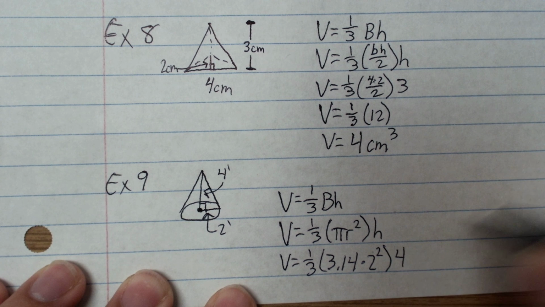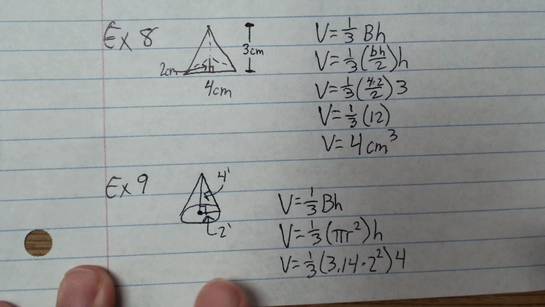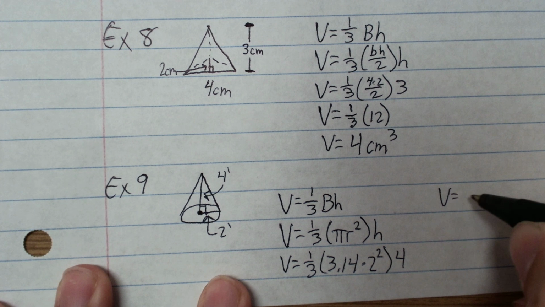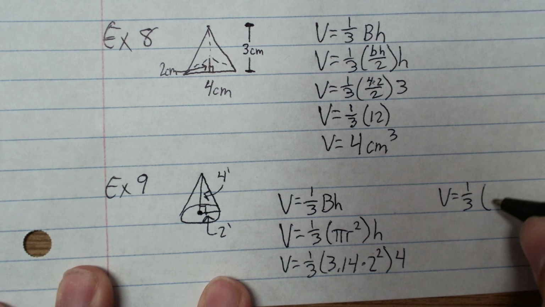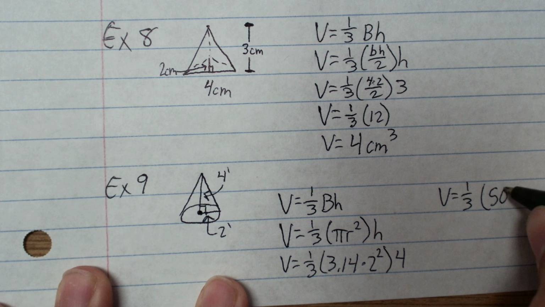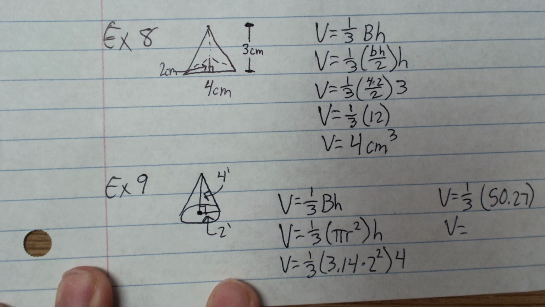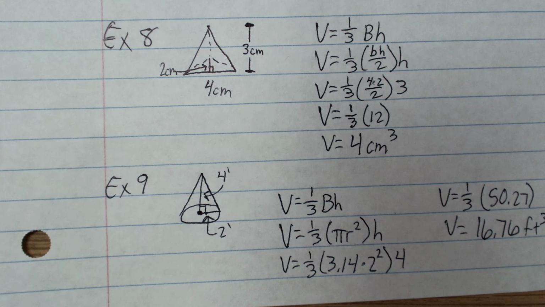And once you fill all that in, you get V equals 1/3 of 50.27. And you get a final answer of 16.76 feet cubed once you go through and divide it.